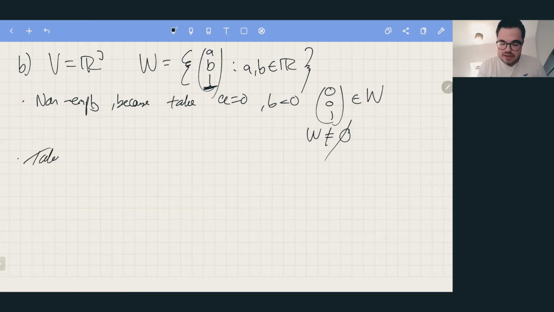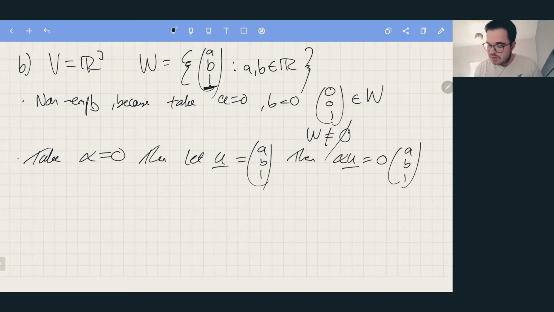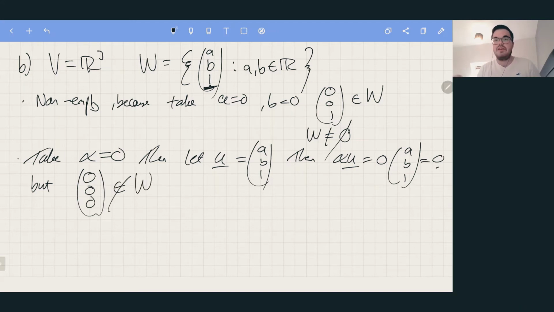Take alpha to be equal to 0. Then alpha of u, where u is just A, B, 1. Then alpha u equals 0 lots of A, B, 1, which is 0, 0, 0. But 0, 0, 0 is not in W, because you'd have to have a 1 here, and it's a 0.